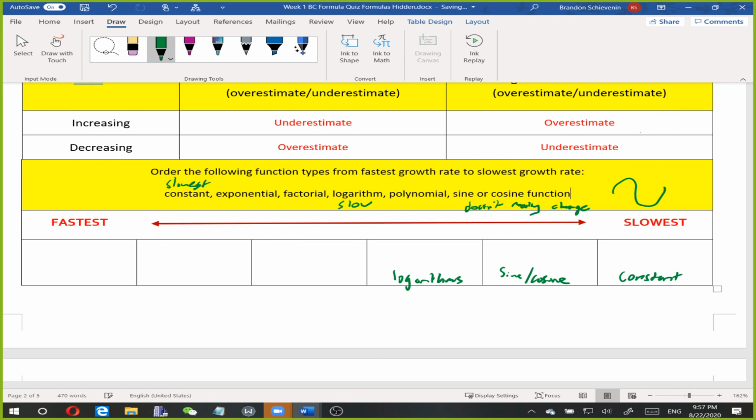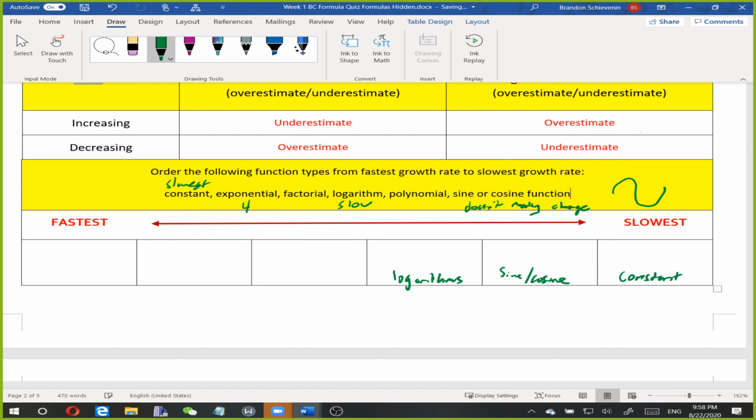Okay, then I've got faster ones out here. Which do you think grows faster? Exponentials or factorials? Okay, let me give an example really quick.